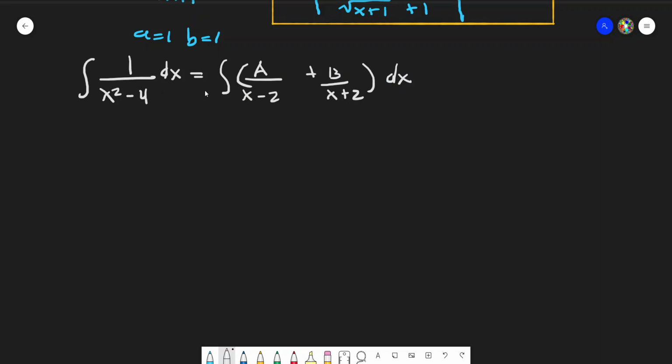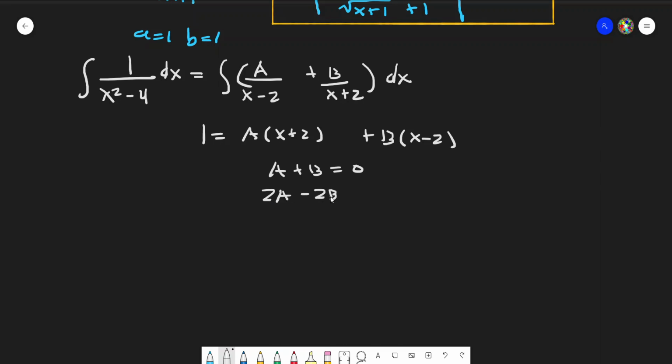But that can be a task in itself. We end up with 1 equals a times x plus 2 plus b times x minus 2, and then we say, okay, a plus b equals 0, and 2a minus 2b is equal to 1. Then we just try to solve for a and b respectively.